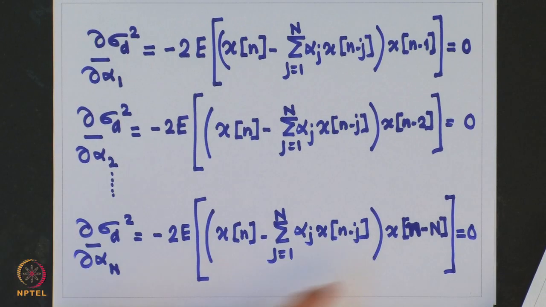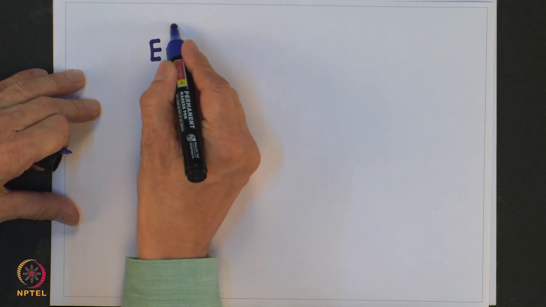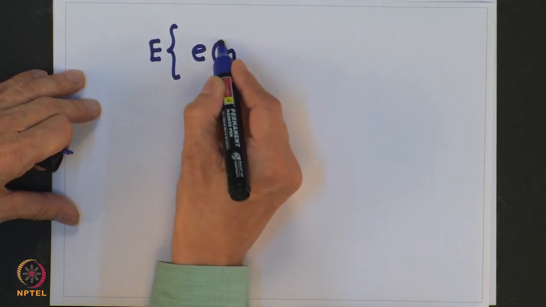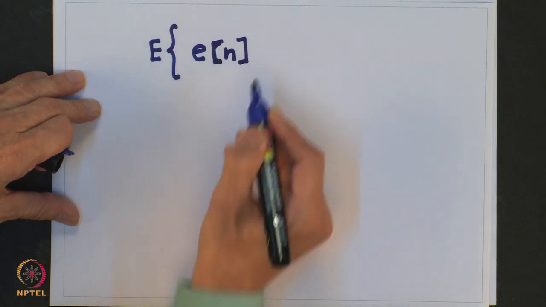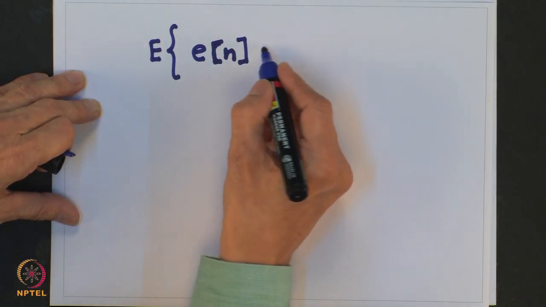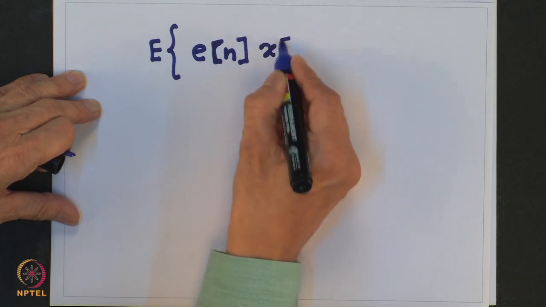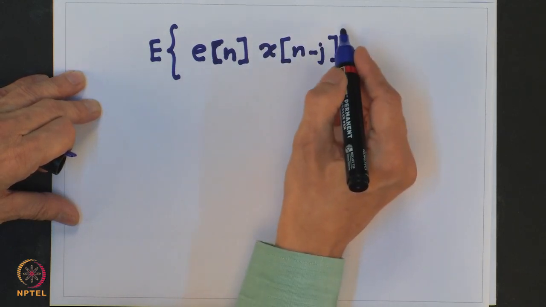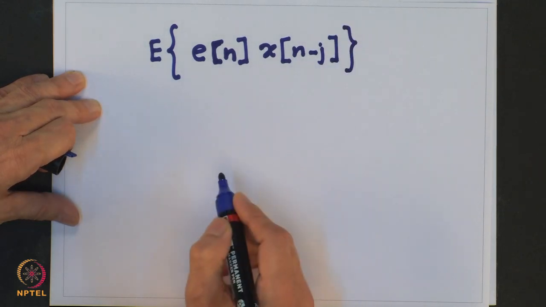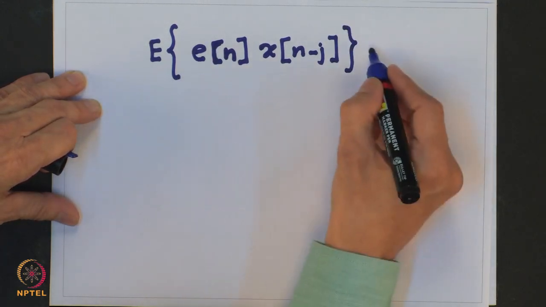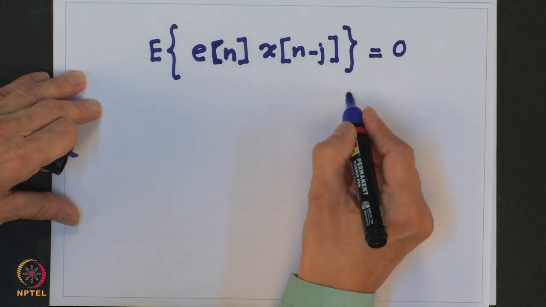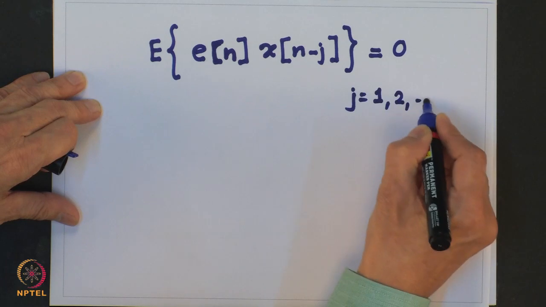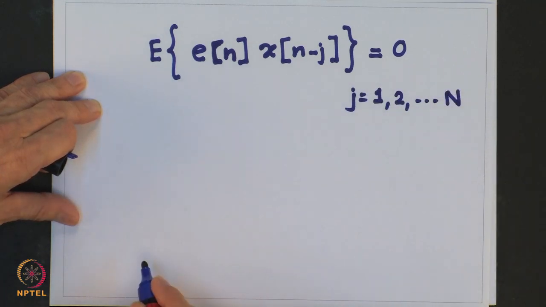So, what it means is that the expectation of the prediction error and all the components which are being used for linear prediction is equal to 0 for j equal to 1, 2 up to n.